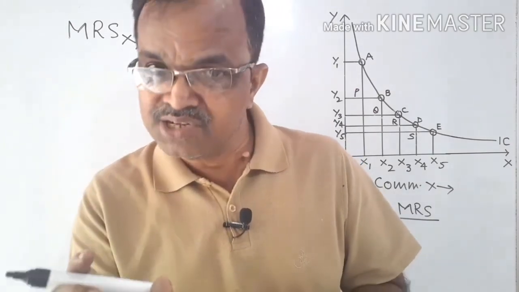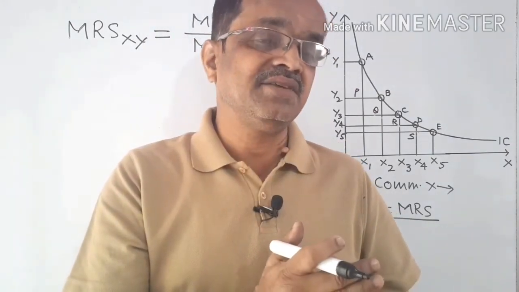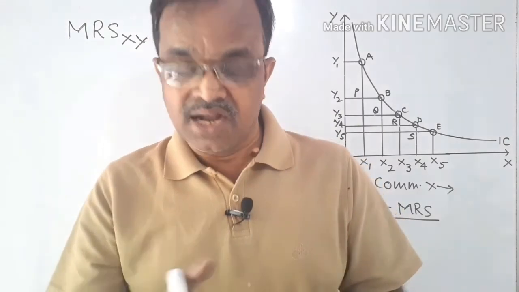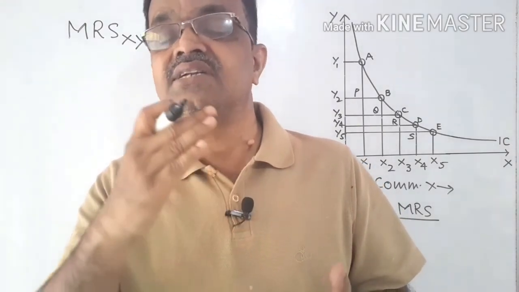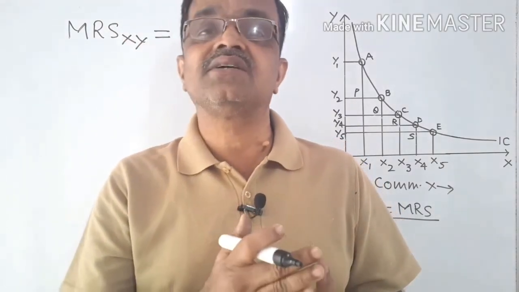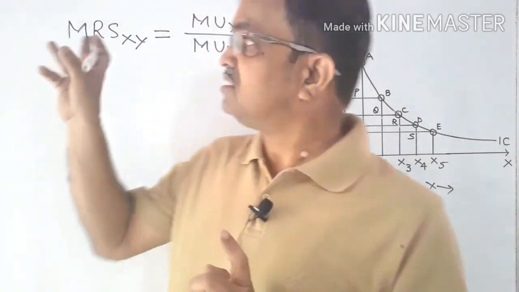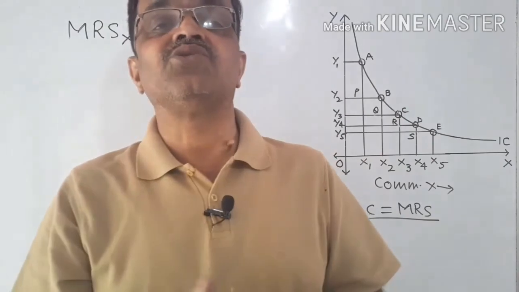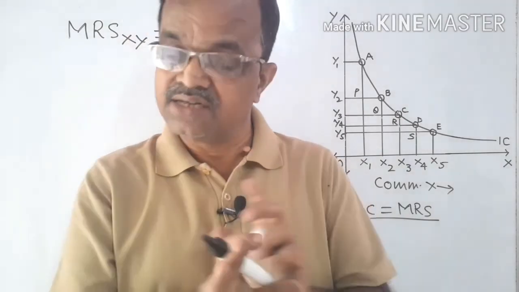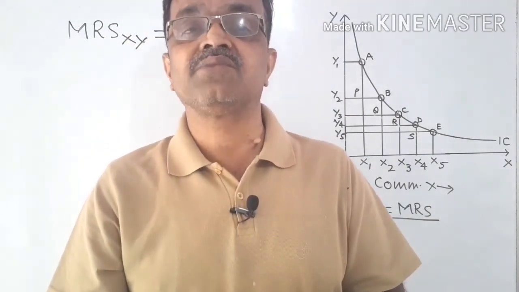If MRS were constant, the indifference curve would be a straight line; if MRS increased, the indifference curve would be concave. And the ratio of the marginal utilities of the two commodities is the MRS. That is all about marginal rate of substitution.